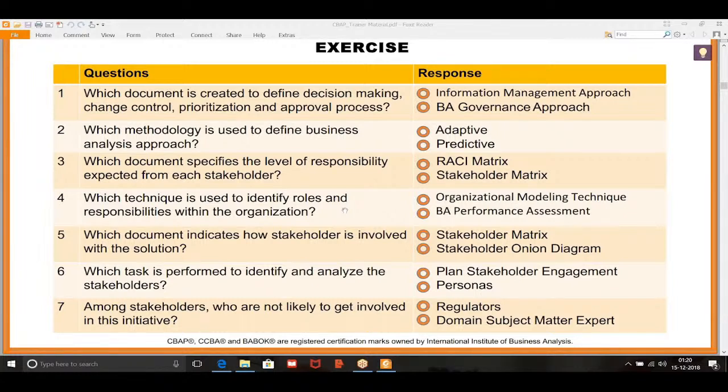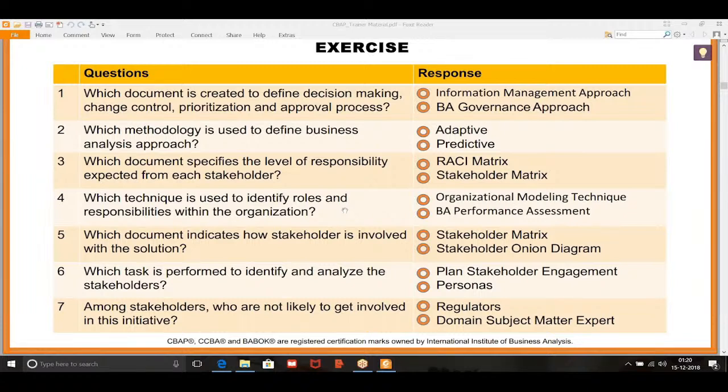Yes, so I'm not saying it is completely wrong to be predictive, but we will see what BABOK says, right? So let's move on to the third one. For the third one, I have RACI matrix. Why do you think so? Because we are talking about level of responsibility, right?